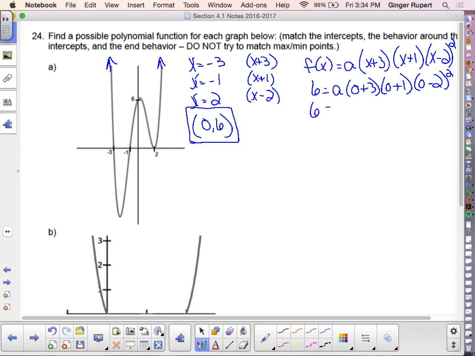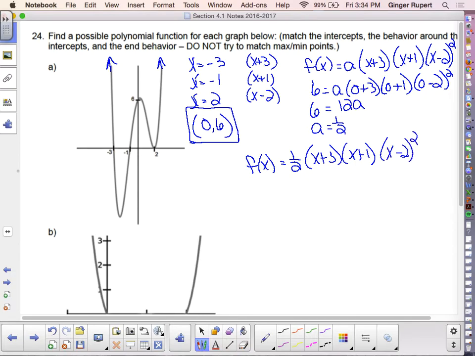So 6 is equal to 12a. So a is equal to 1/2. So the polynomial function I'm looking for is f of x is equal to 1/2, excuse me, 1/2 times x plus 3 times x plus 1 times x minus 2 squared.